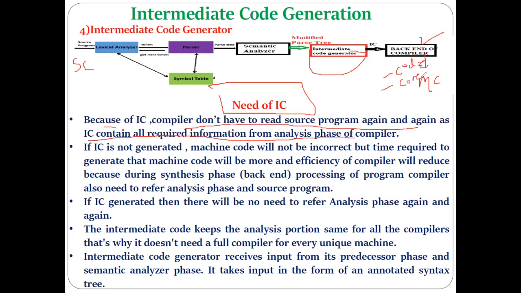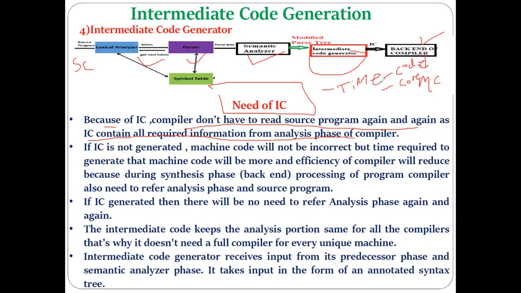So when this backend processing is happening, the compiler again has to refer to these previous phases, whatever processing has been done in these previous three phases. So the compiler also needs to refer to these phases when code generation and code optimization are happening. If the compiler has to go again and again to these three phases, then the time required for processing of the program will be more.